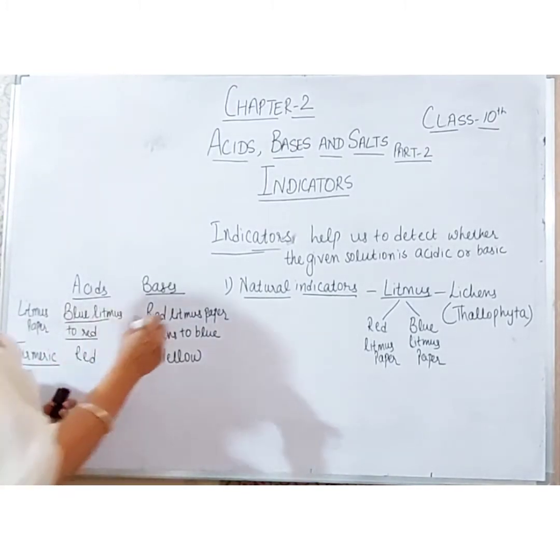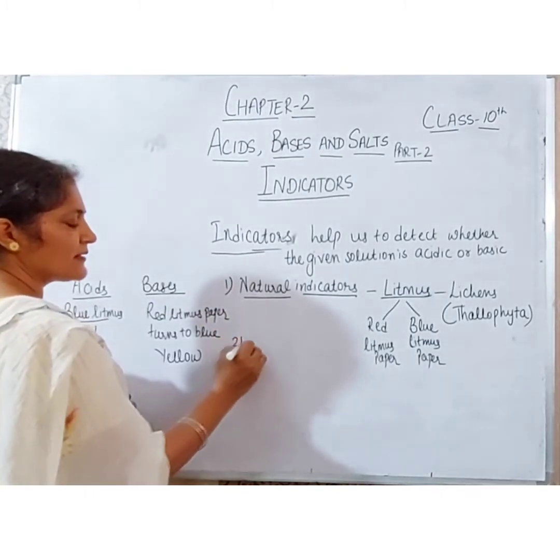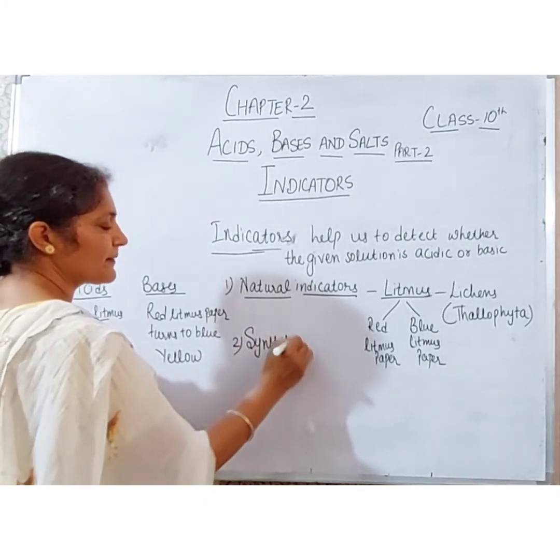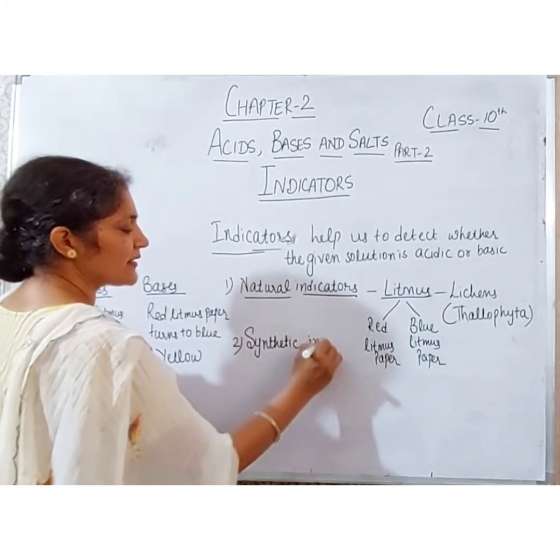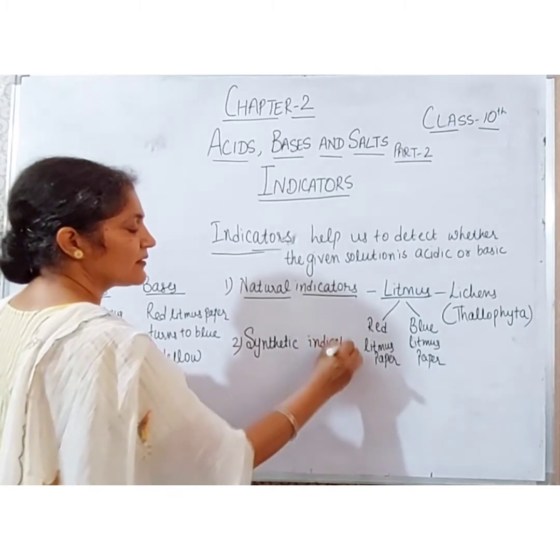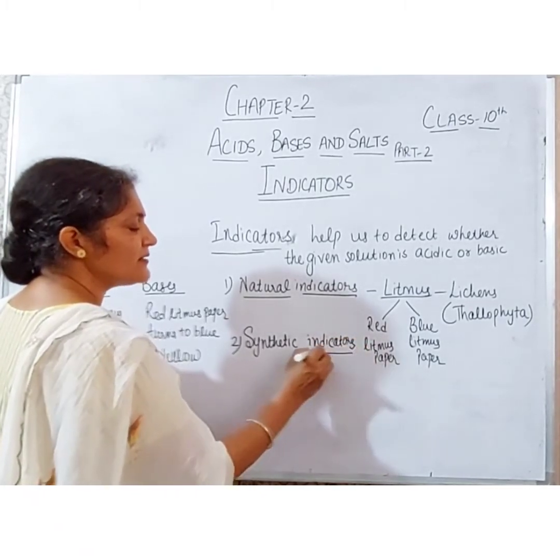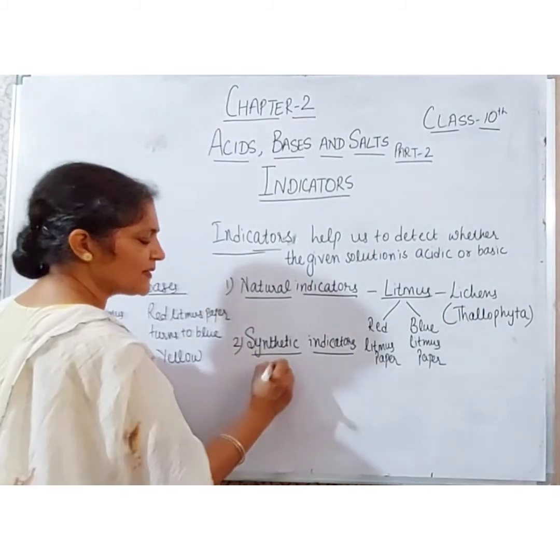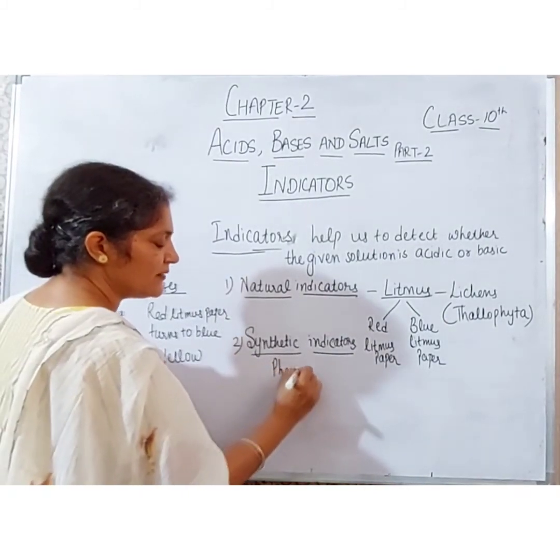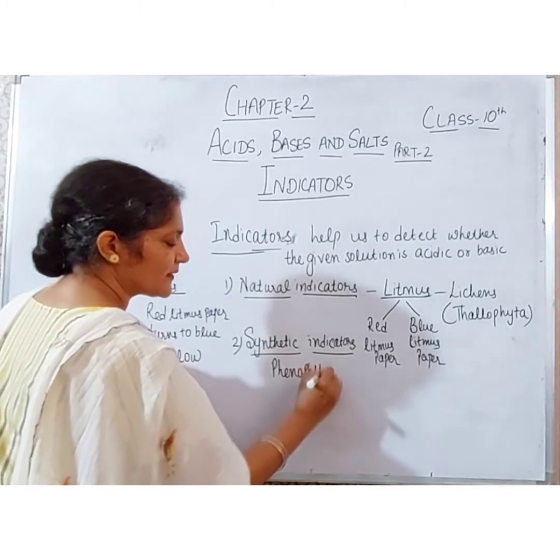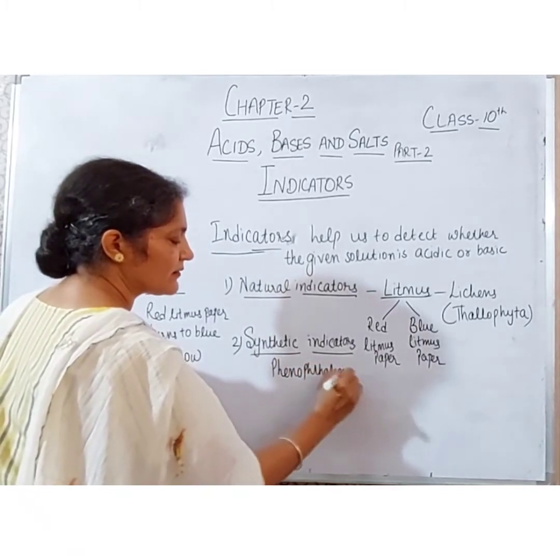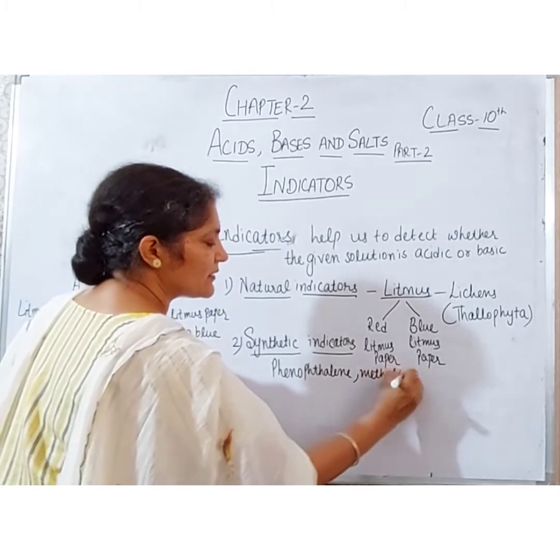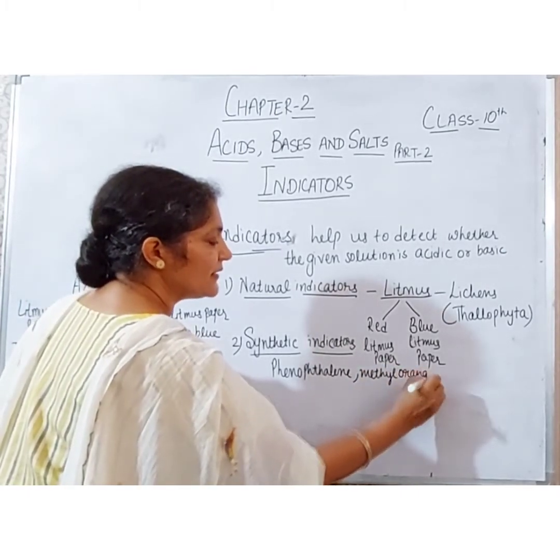Now the second type of indicators are the synthetic indicators. Synthetic indicators which we commonly use in our lab are phenolphthalein and methyl orange.